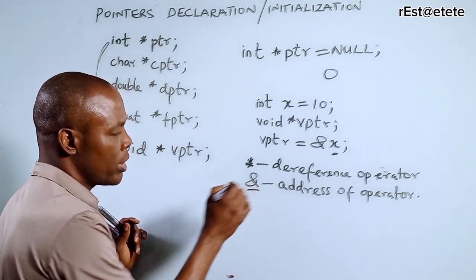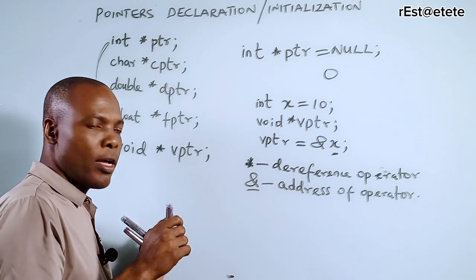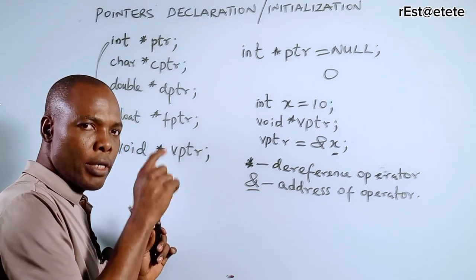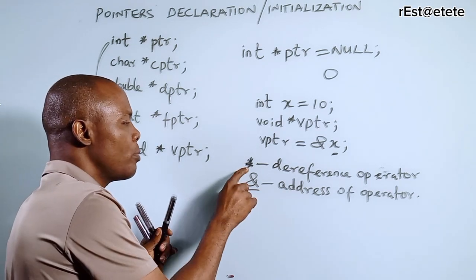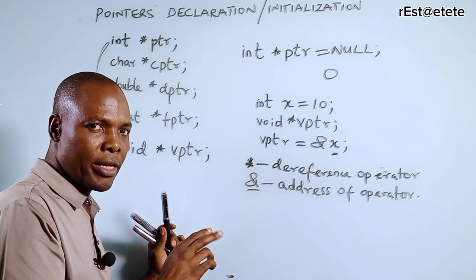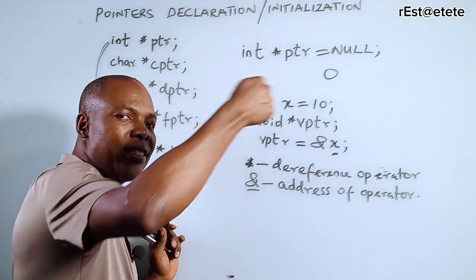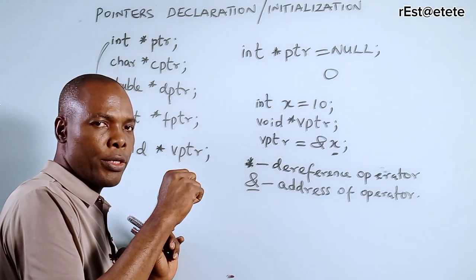So this operator tells me the address of that variable in the memory, while this operator, which is the asterisk, is used to access the value that is in that memory.